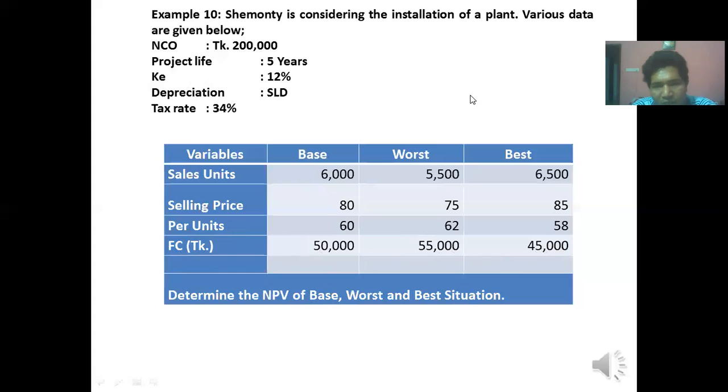Then we can calculate NPV. So here NCO. Then we need to calculate depreciation, and then CFAT.